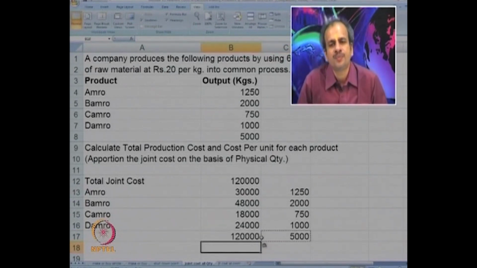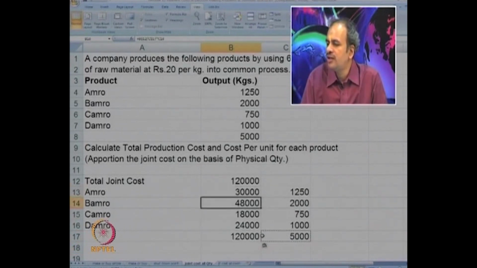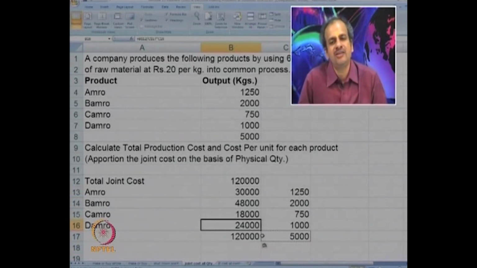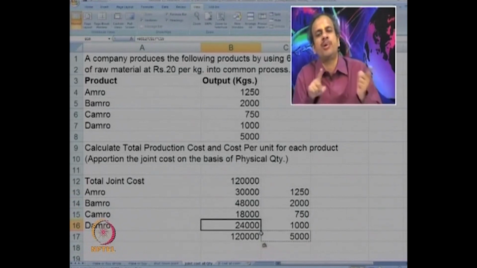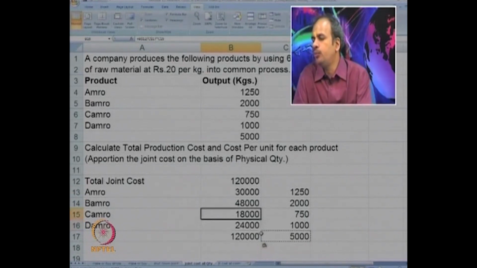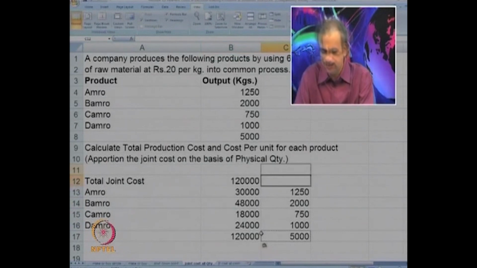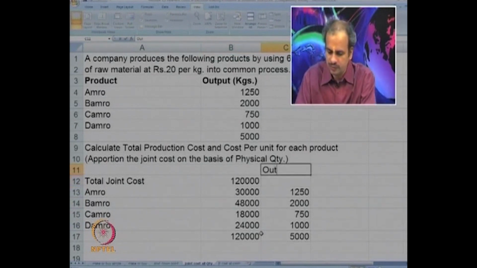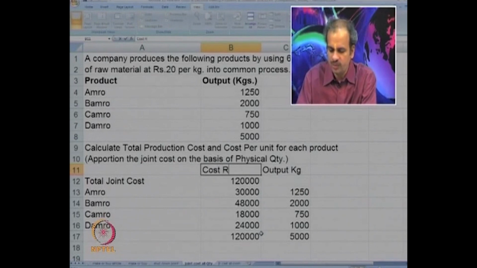Is it right? So we are able to charge 30,000, 48,000, 18,000 and 24,000. This is in the proportion of the output in kgs. Right? And this is the cost in rupees.